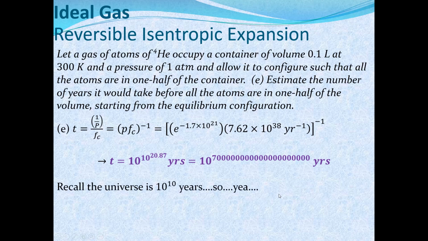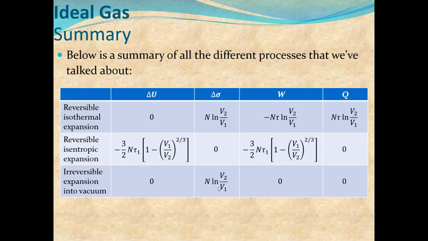So the universe, if you remember, is only 10 to the 10 years. So this is an extremely, extremely long time. Which is again one of the reasons why we always consider this most probable configuration.